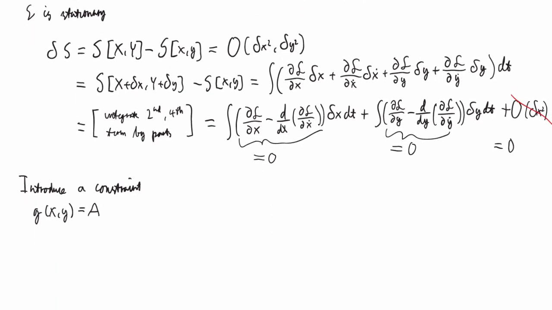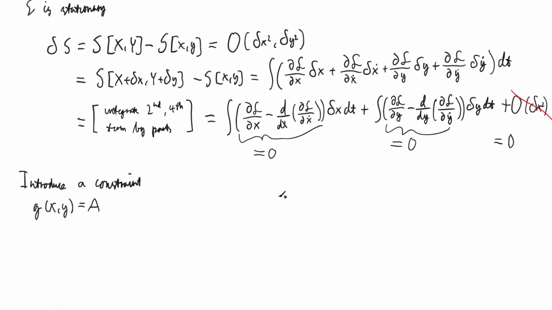But what we're going to do now is somewhat different. And that's going to make use of the idea of Lagrange multipliers. So the way this basically works is that delta x and delta y are not independent.